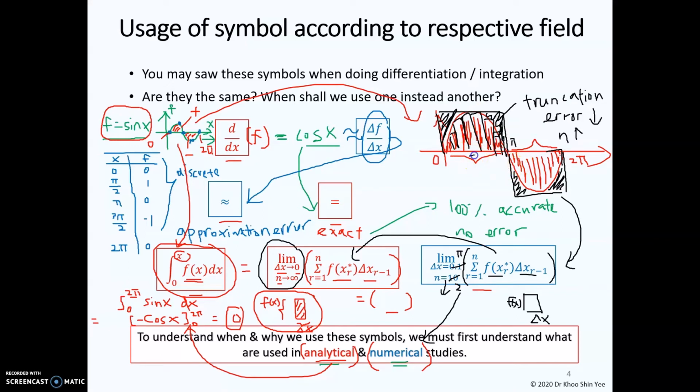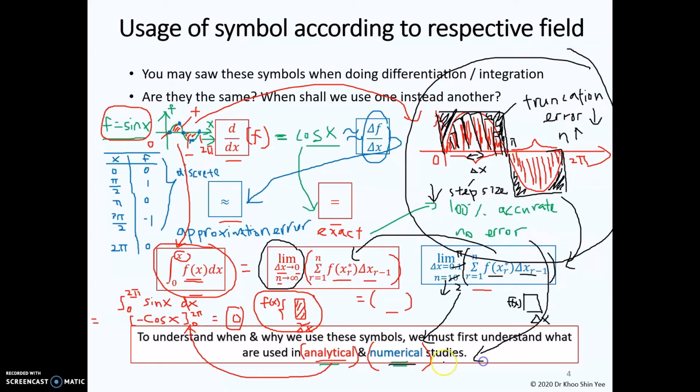And by doing this, you can see the width will become smaller. The width is known as the step size. So it means that by reducing the step size, we can reduce the truncation error. This is for your extra information, and you will learn it more in the numerical class later.